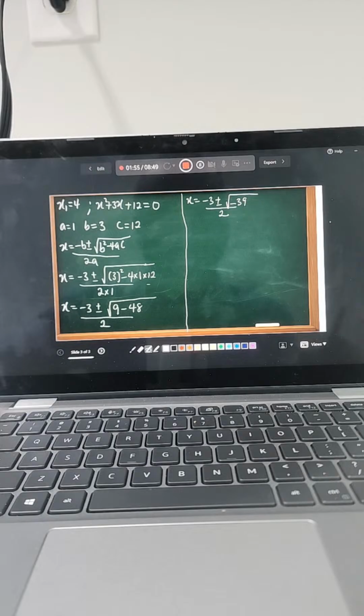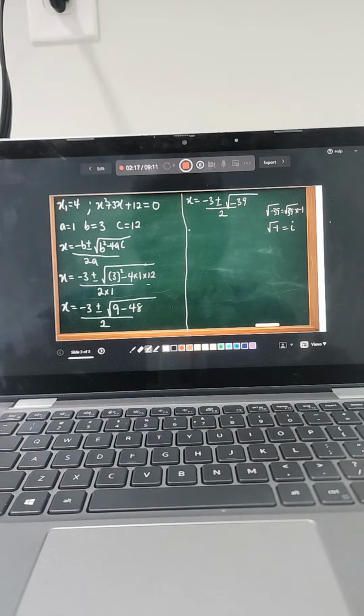Now recall, class, that negative 39 can be written as 39 times negative 1, and the square root of negative 1 in mathematics is a complex root, which is i.